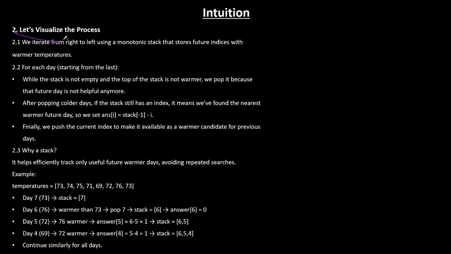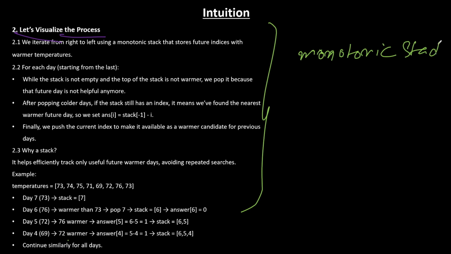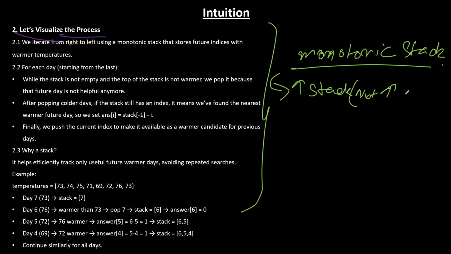So let's try to visualize the process now. Before going for the intuition, let's understand something about monotonic stack. Okay, so there are four kinds of monotonic stacks. One is increasing stack, which is basically next greater element.